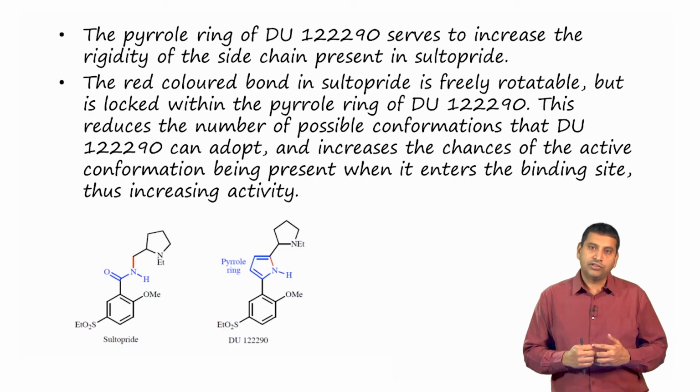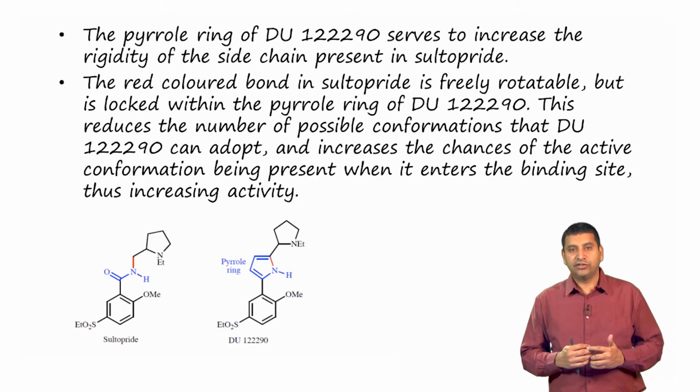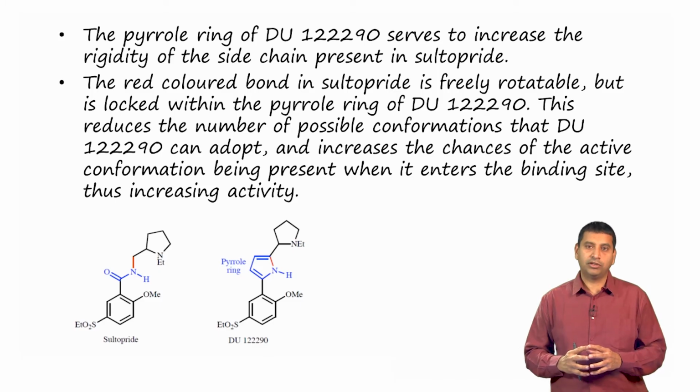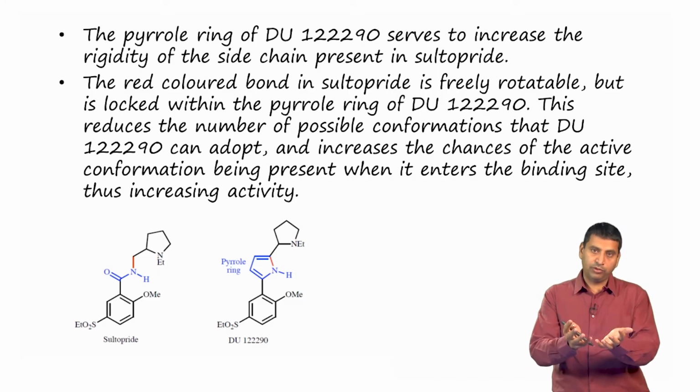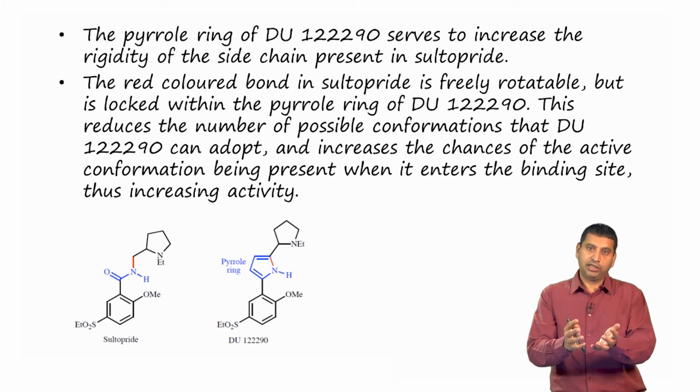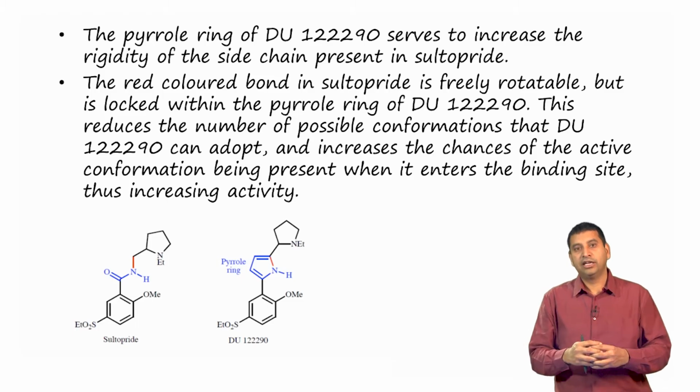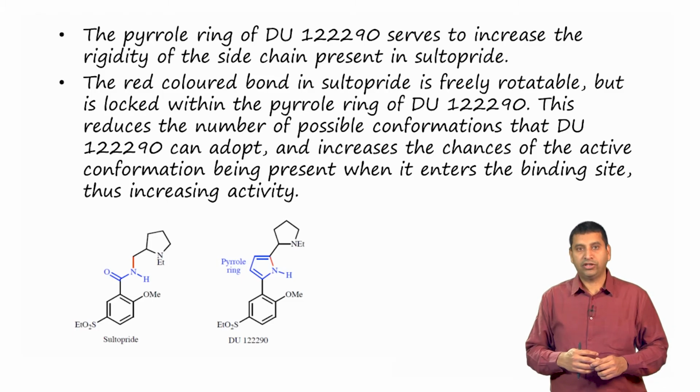What this does is that it increases the chances of the active conformation being present when it enters the binding site. We have already looked at this concept of active conformation. What the active conformation means is that of the infinite possible conformations, a subset of them are going to be the ones that interact with the receptor binding site to induce the necessary conformational change.